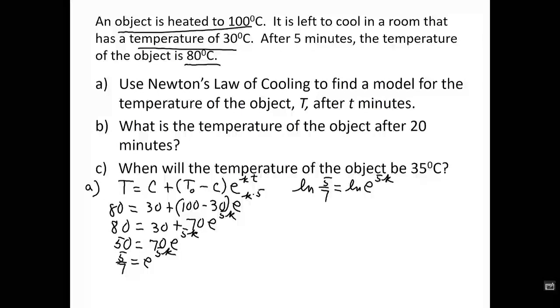Simplifying, the natural log of 5 over 7 is equal to 5k. Therefore, the natural log of 5 over 7 divided by 5 will give us k.